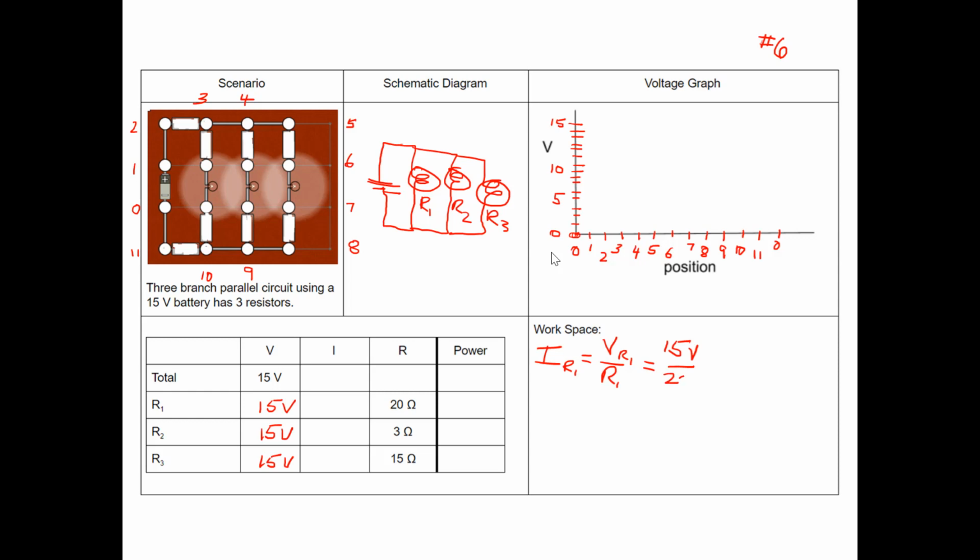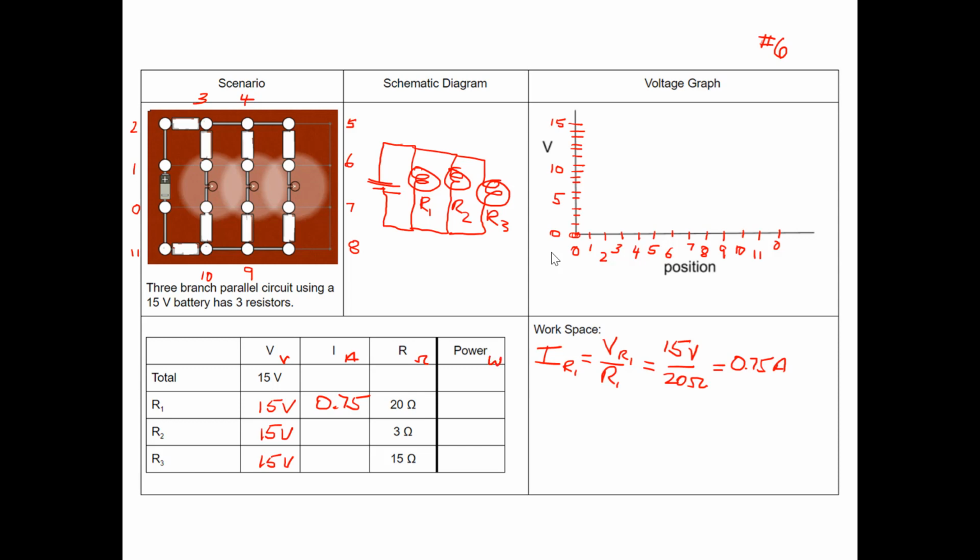Our resistance, 20 ohms. 15 divided by 20 is 0.75 amps. So our current is 0.75, make that a little bit darker. Just to help out, here amps. These are in ohms, voltage is in volts, and our power is in watts.